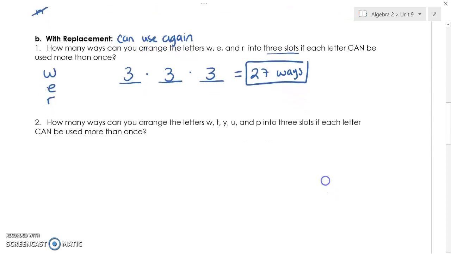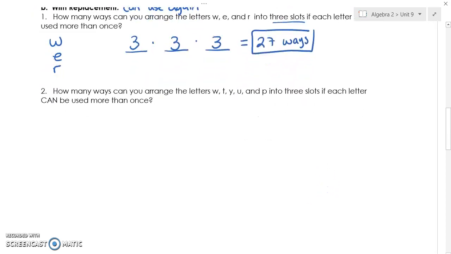Alright, now it says how many ways can you arrange the letters W, T, Y, U, P into 3 slots if each letter can be used more than once. Alright, so our letters are W, T, Y, U, P. But this time I have 3 slots. 1, 2, 3. So you don't always have to have the same number of slots as the number of letters that you have. And it says you can use the letters more than once.